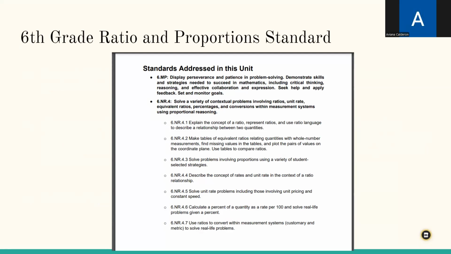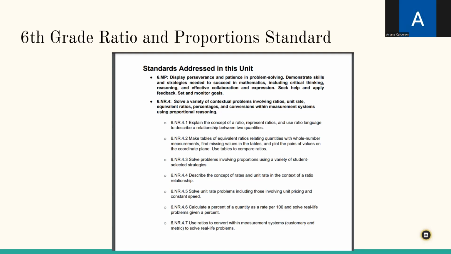Our ratio and proportion standard is 6.NR4. Solve a variety of contextual problems, including ratios, unit rate, equivalent rate ratios, percentages, and conversions within measurement systems using proportional reasoning. This standard is broken down into 7 other standards that are geared more towards specific learning goals.